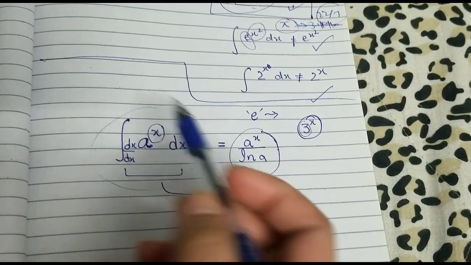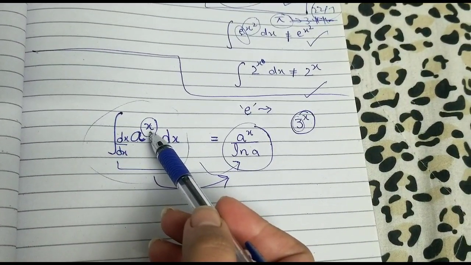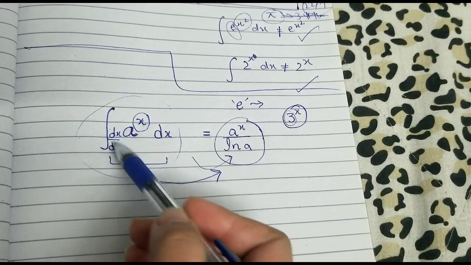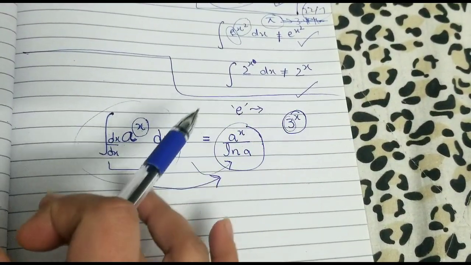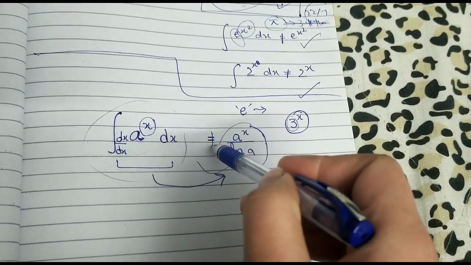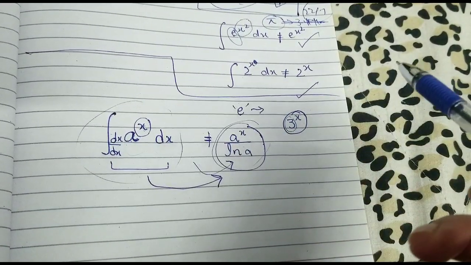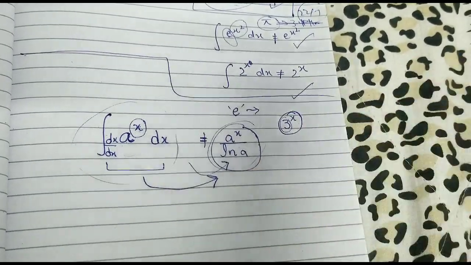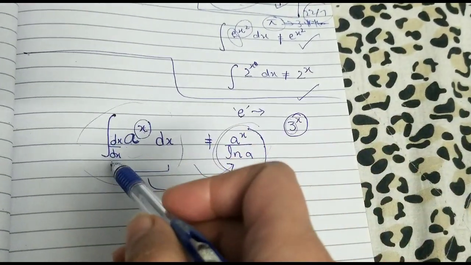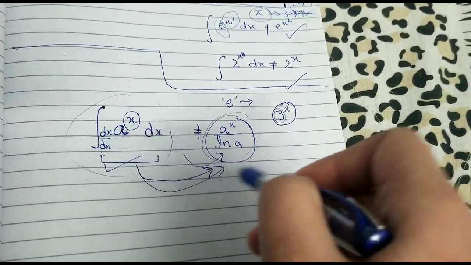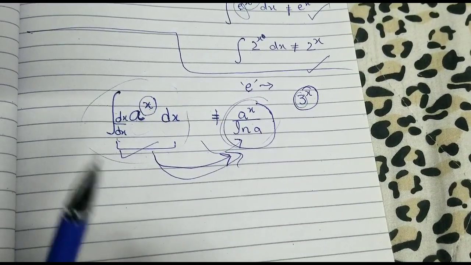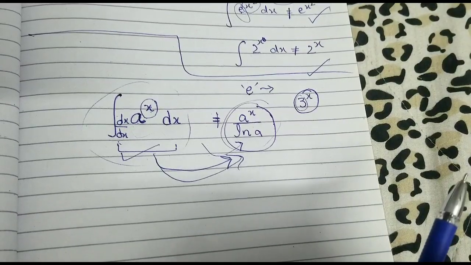If the derivative of its power is not here alongside the exponential function inside the integral, then you cannot write its integration to be this. You have to use alternative methods such that this situation is satisfied, and if it is satisfied, then you can write its integration to be this. Otherwise you cannot write it like that.